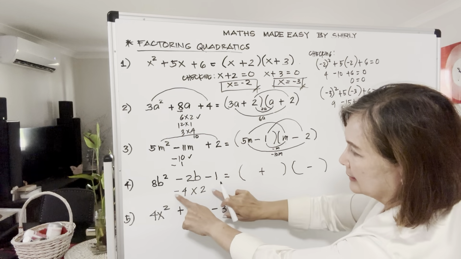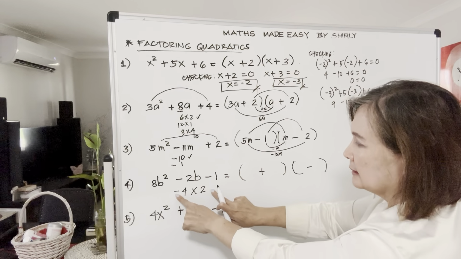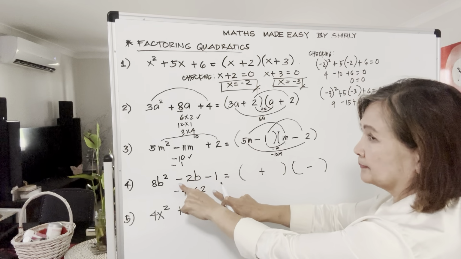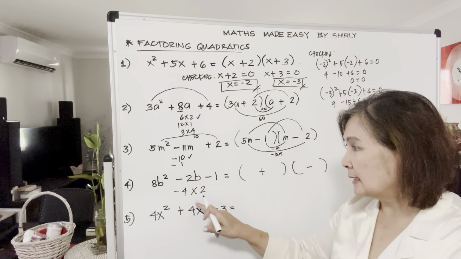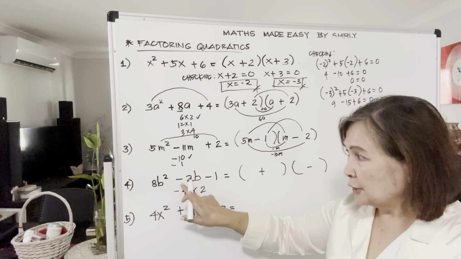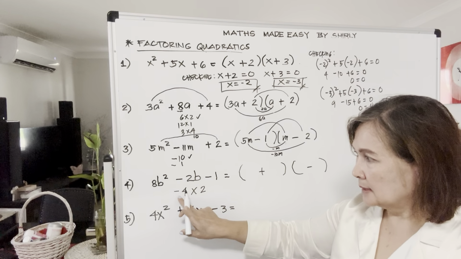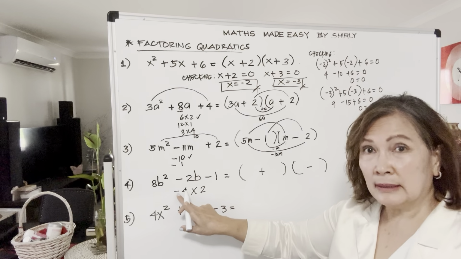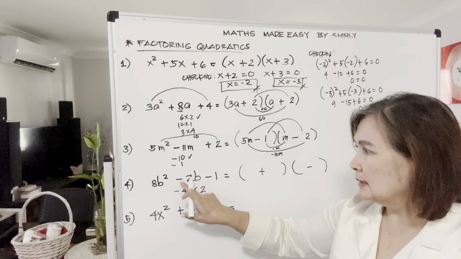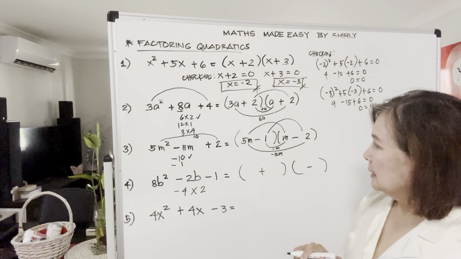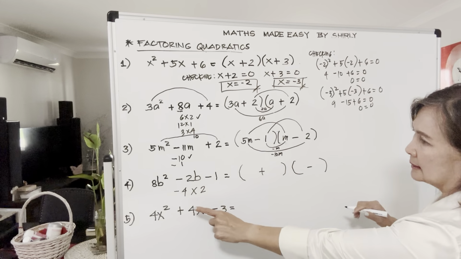But if you get the sum of negative 4 and 2, that is equal to negative 2. Notice that the middle term is negative, so in the factors, the greater factor bears the negative sign. So how will you distribute that here?